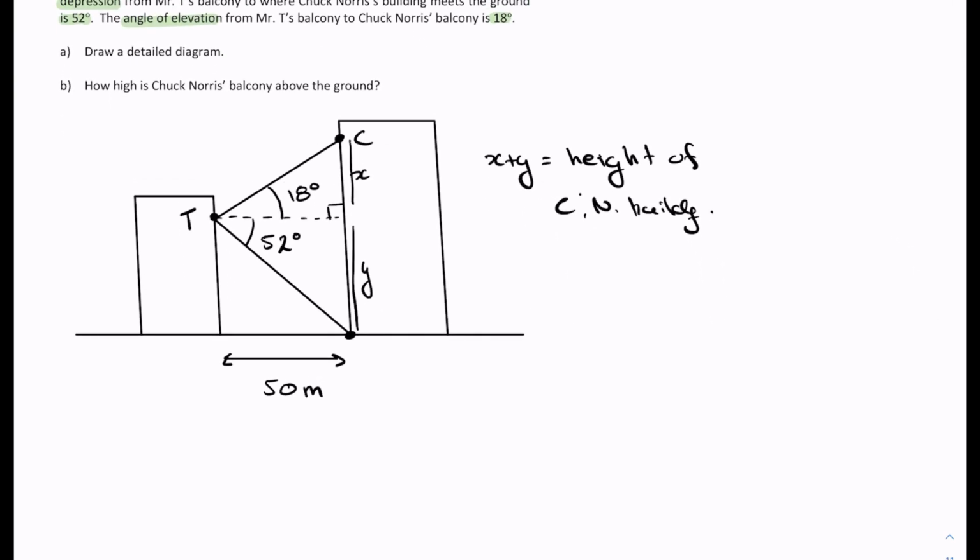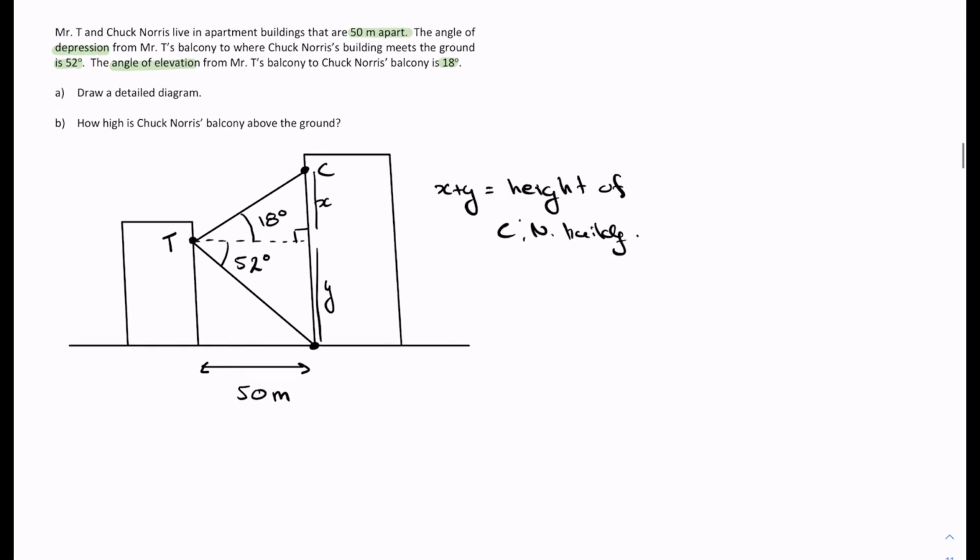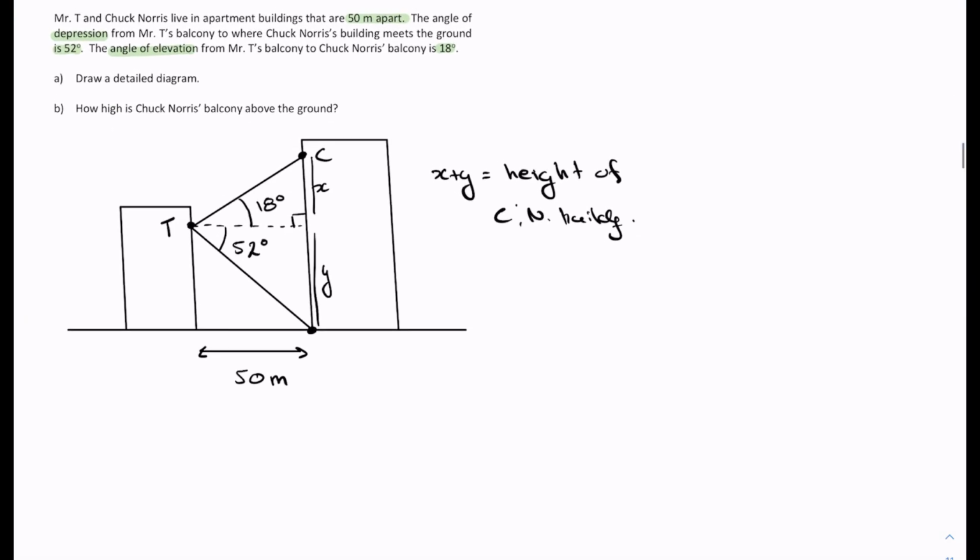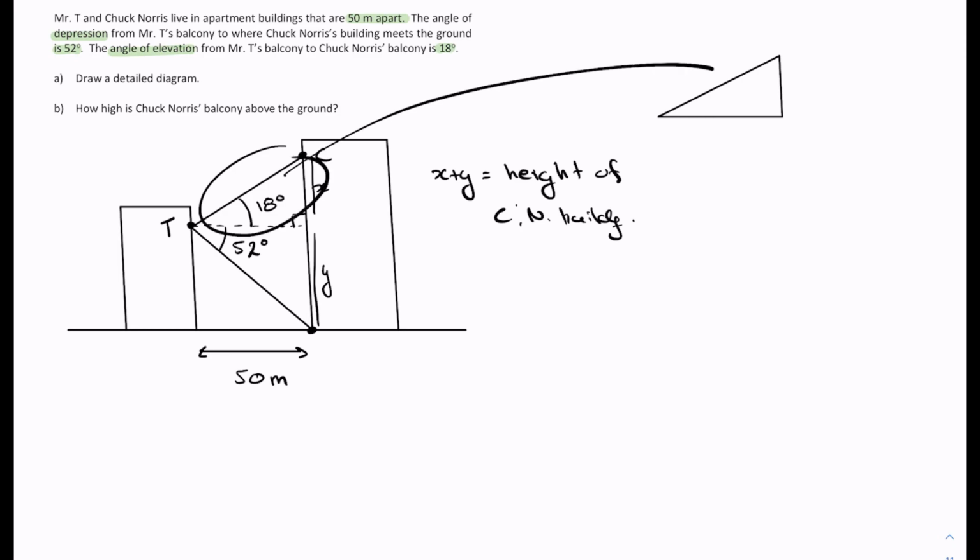So what I'm going to do is identify the first one. I think I already did when I highlighted it, but I'm going to draw it outside of here. So let me just shrink things a little bit and draw this triangle. This is like the top one up here. I have 18 degrees in here, and I have 50 over here, and I want to find this value of x.